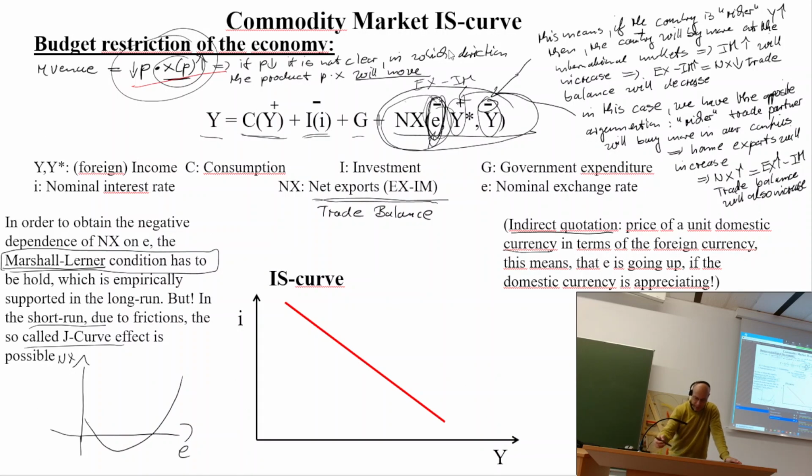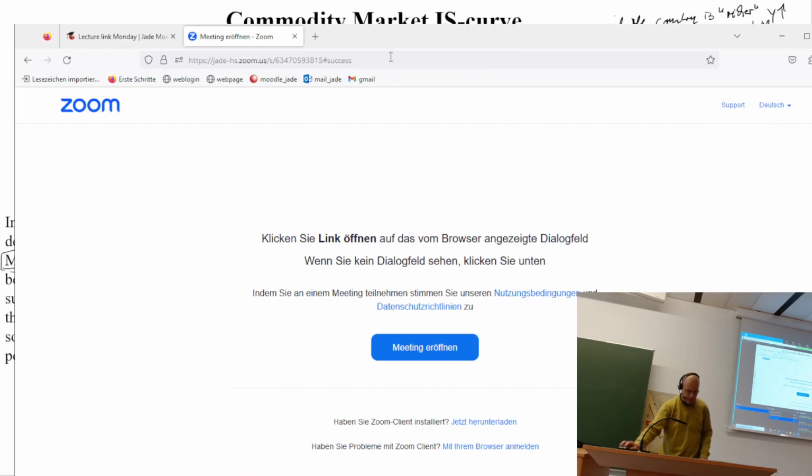I wrote it down here that we used the so-called indirect quotation. And if we take the view of your home country, you usually take the indirect quotation. So in our times, I think today, or let's have a look at it, what is it today? Exchange rate, I think 1.10 or something like this.